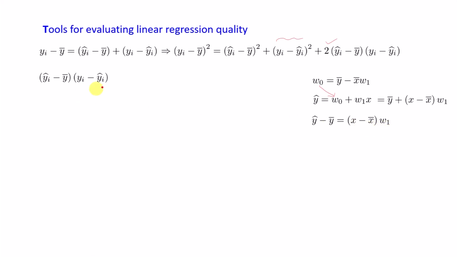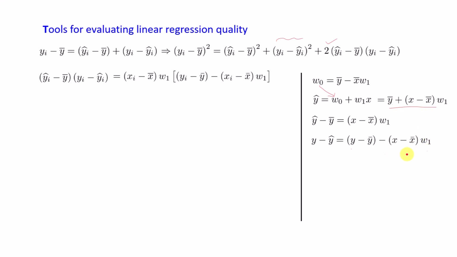Then the second term is y minus y hat. The expression of y hat is this one, and then y minus y hat will give me y minus y bar minus x minus x bar into w1. So let's write this as xi minus x bar w1, and then within the third bracket we have yi minus y bar minus xi minus x bar w1.